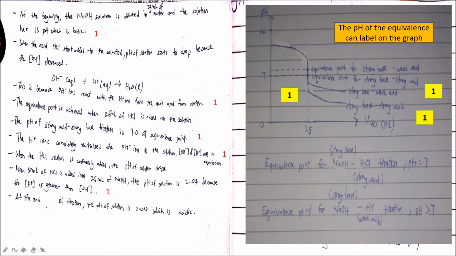So the lower concentration of hydrogen ion produced by the weak acid will only form a solution that has a higher pH value. That's why the curve of the weak acid will be shorter than the strong acid. In this last part, the marks given is only 1, and that's all for my presentation.